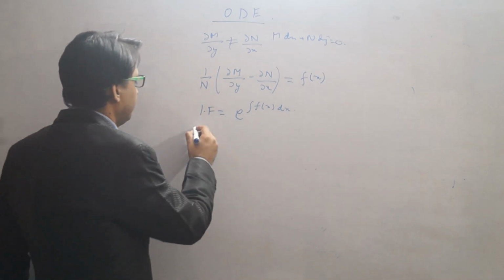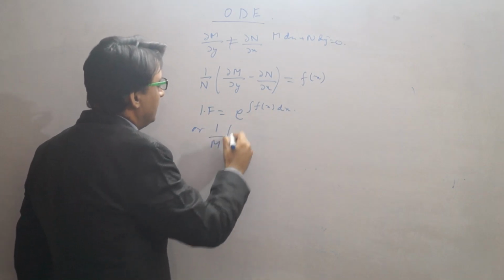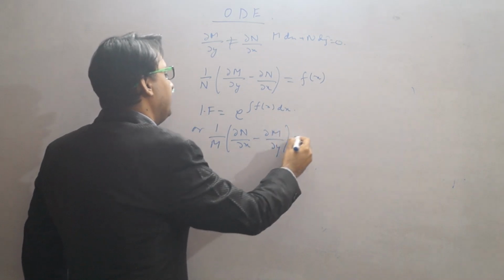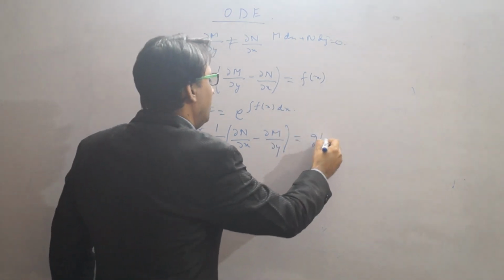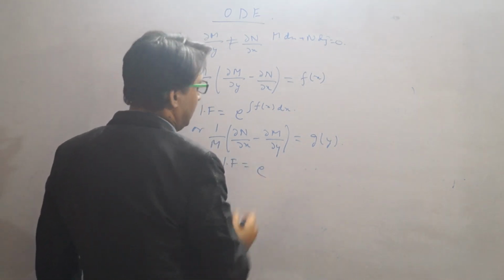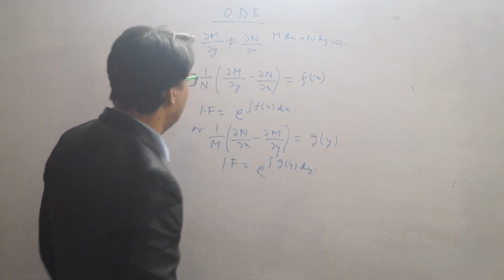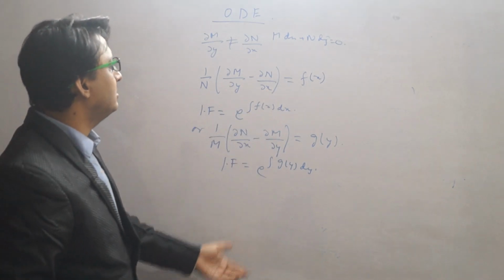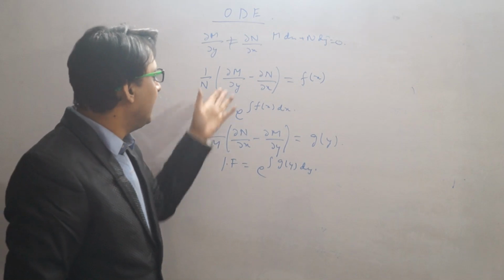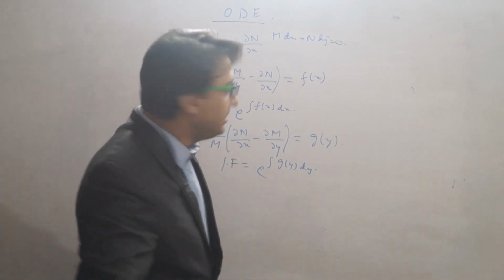Or, if this has not been the case, then we have to find 1/M (∂N/∂x − ∂M/∂y), and if it renders a lone function g(y), then in that case the integrating factor is e to the power integral of g(y) dy. So you do the manipulation with either of the two, but the more focus area is your application part. But that doesn't mean that they cannot ask proof, because proofs have been asked in these areas.